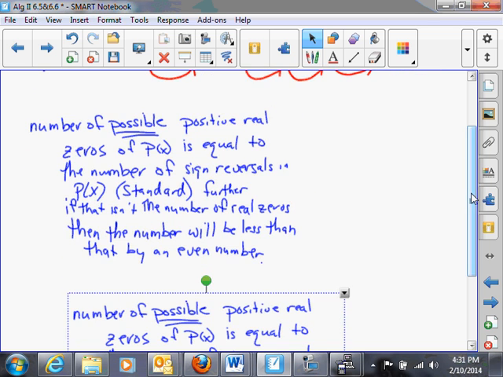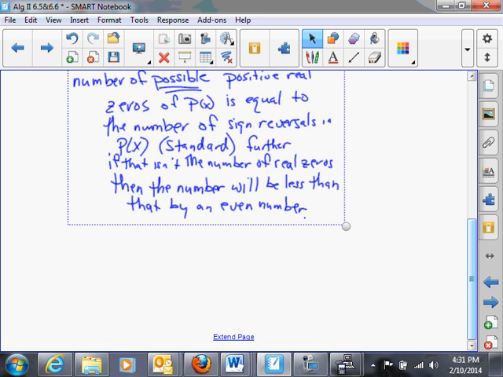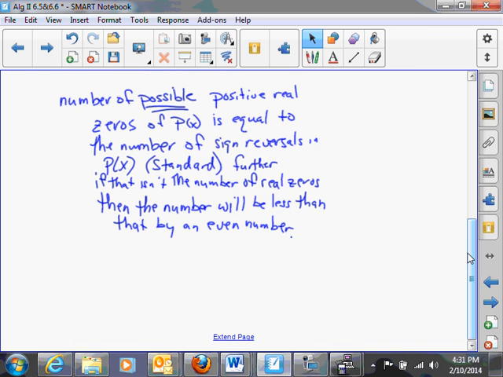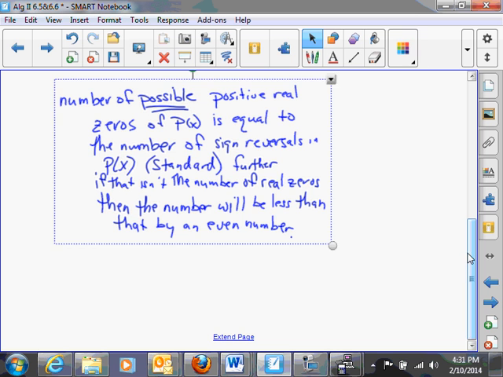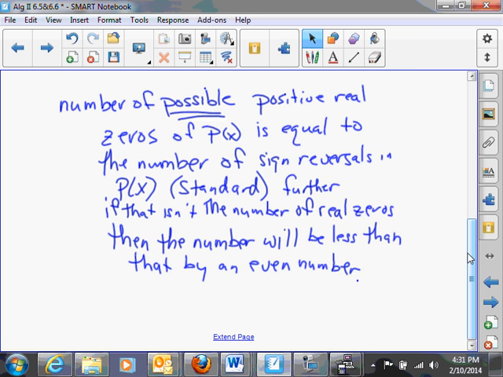So the number of possible negative real zeros of p of x is equal to the number of sign reversals in p of the opposite of x, written in standard form. Further, if that isn't the number of real zeros, then the number of real zeros will be less than that by an even number.